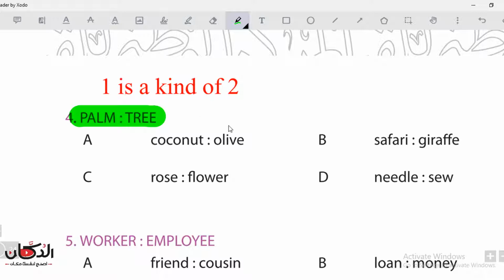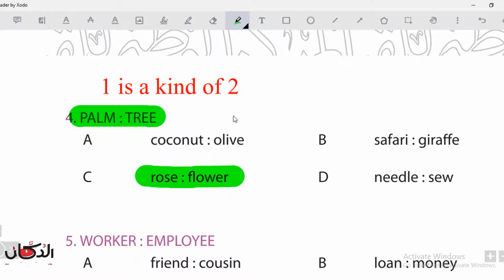A palm is a kind of tree. So is coconut a kind of olive? No. Safari a kind of giraffe? No. Needle a kind of sow? No. A rose is a kind of flower? Yes. Now I'm telling you how to think in the test.